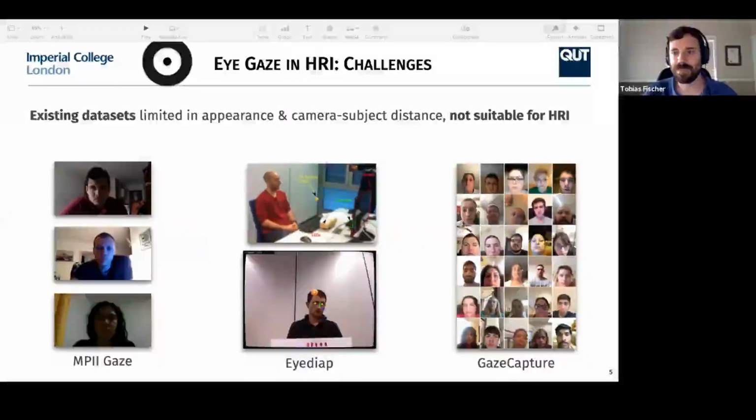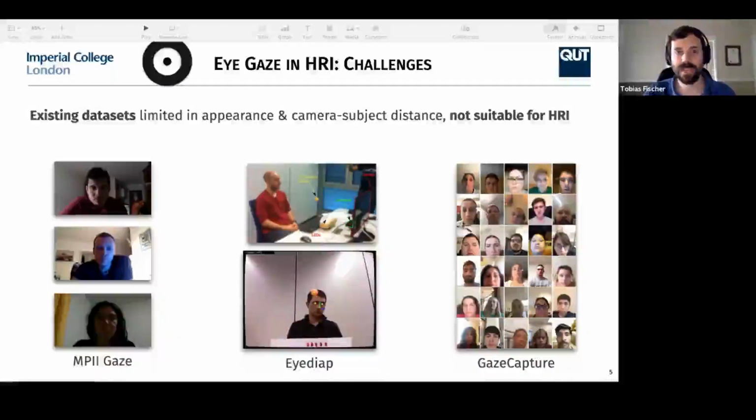Every time the marker stops, the subject looks at the marker and has to press the space bar, and that gives you one training example. At this point, you would know exactly where the person is looking, because you know where the marker is on the screen. And you also have the webcam view of that person.